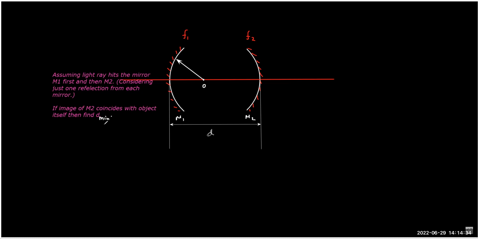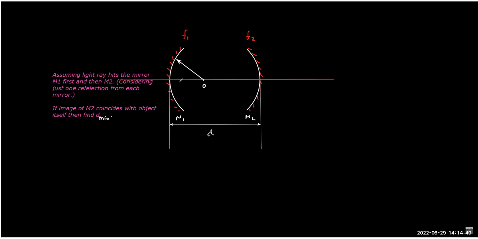Okay. So if you think of the properties of a ray diagram, you can easily solve this question. Imagine the point O is the focus of the mirror M1.